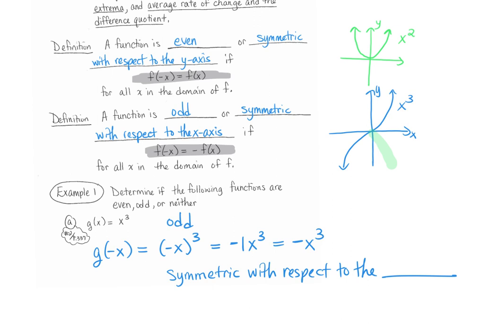So tell me what is it symmetric with respect to? The origin, yeah, to the origin. So let's correct this. This should not be the x-axis. This should be the origin.